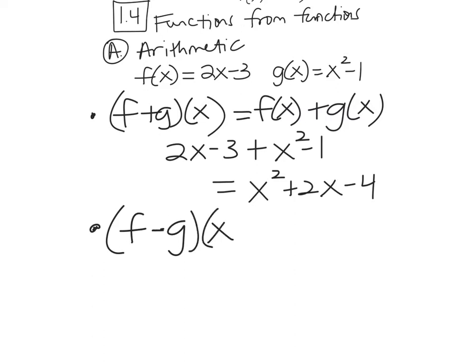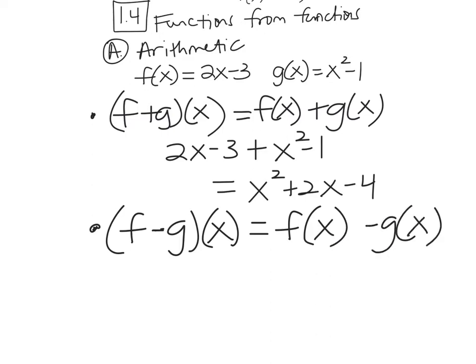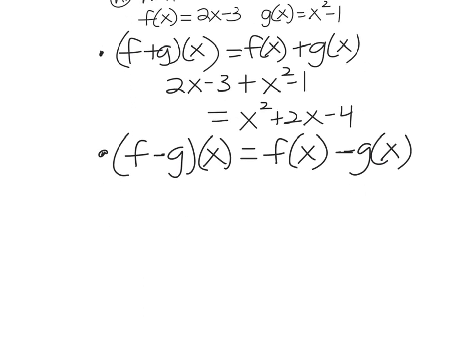And students tend to miss this problem because they forget to do what? Starts with the D. Distribute, yes. Forget to distribute that minus. You're subtracting the entire function, not just the first part. Okay, so you're going to take function f, which is 2x minus 3, and we're going to subtract all of g of x, which is x squared minus 1.